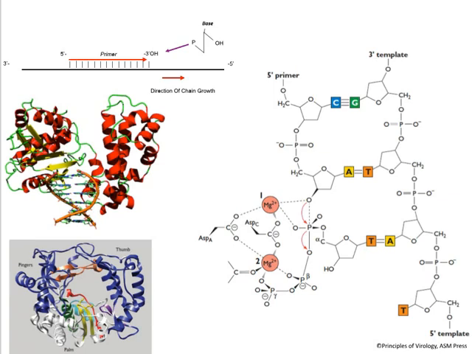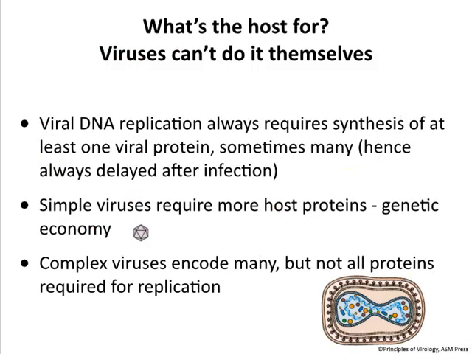The 2-metal mechanism of addition of triphosphates to a growing chain. So again, the DNA template is shown here, and the bases are added according to the complementation rules, and they are coordinated. They're held in place by the 2 magnesiums as the polymerase catalyzes the addition of the phosphate to the end of the growing chain. So very similar to RNA synthesis.